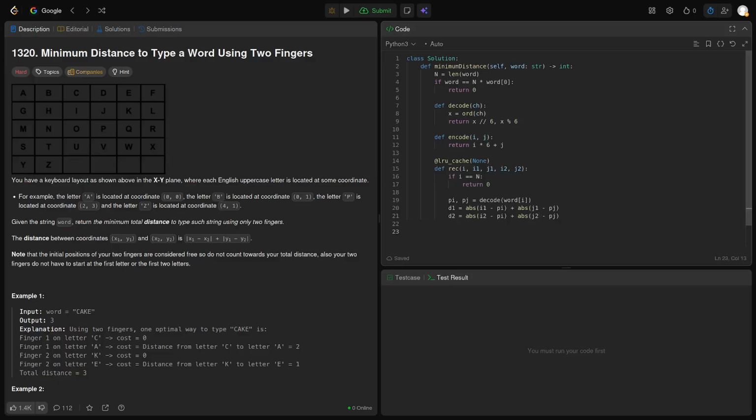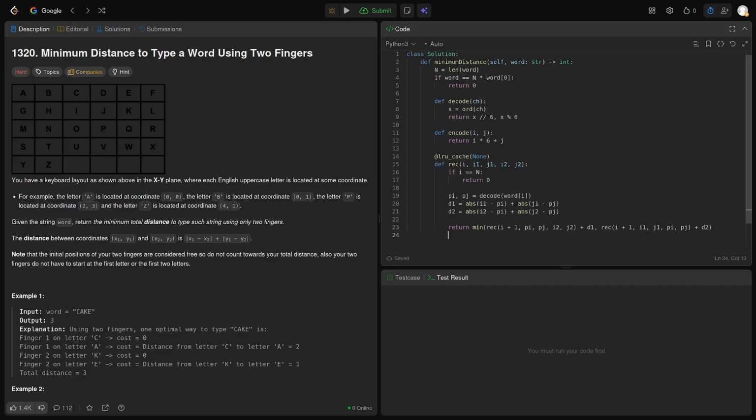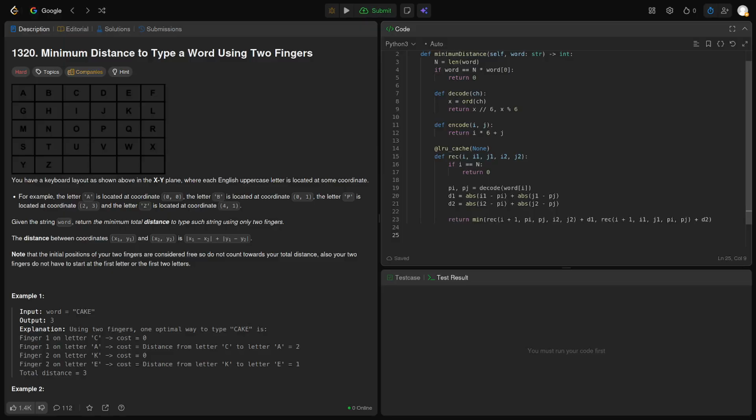So we got that, and now we want to return the minimum of, great question, recursion(i plus 1) where we move this one, pi, pj, i2, j2 plus distance 1, or recursion(i plus 1, i1, j1, pi, pj) plus d2. Right, okay, that should work.